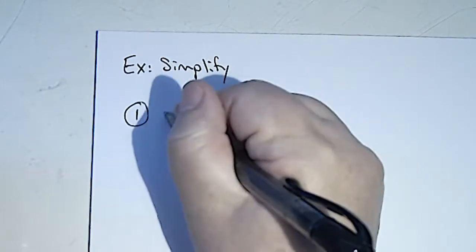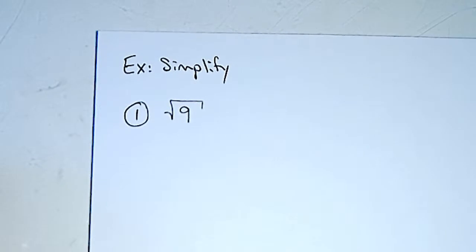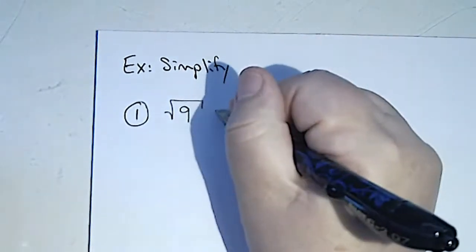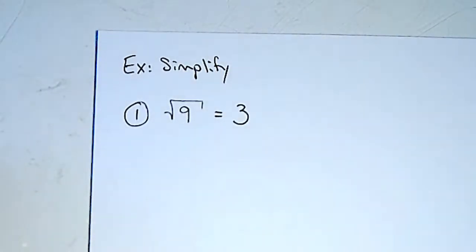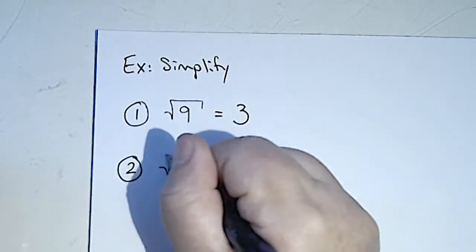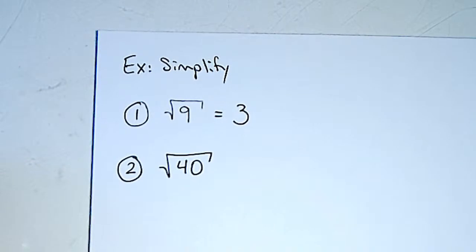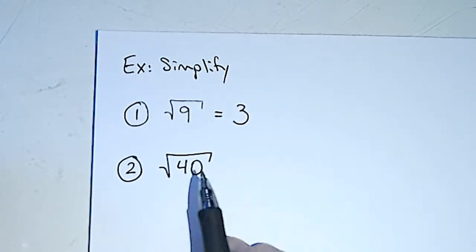If we get something like radical 9, in other words, the square root of 9, we know that that equals 3. It's nice and clean. We don't have anything left over. Life is just great. However, if we have something like the square root of 40, this gives us a bigger problem because 40 is not the perfect square of a whole number.